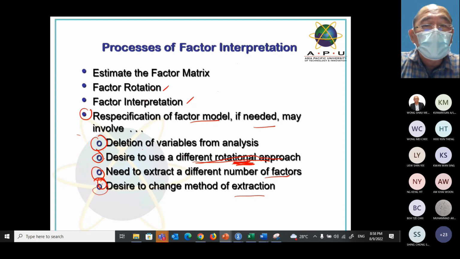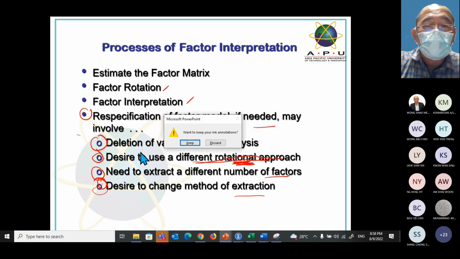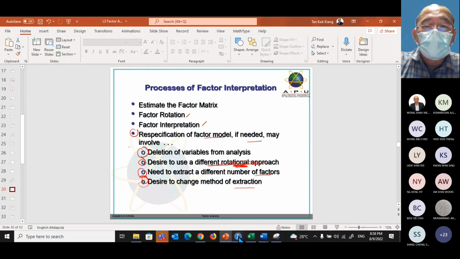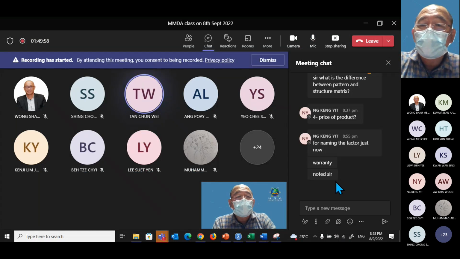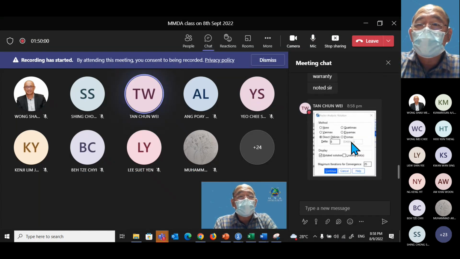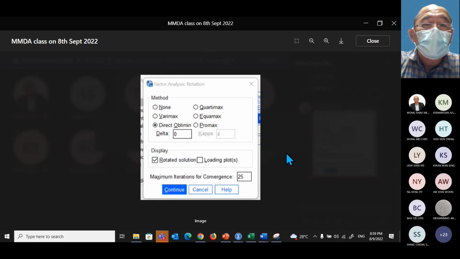But in this rotation window, if I put in the chat, which one is the orthogonal? The rest are all orthogonal.